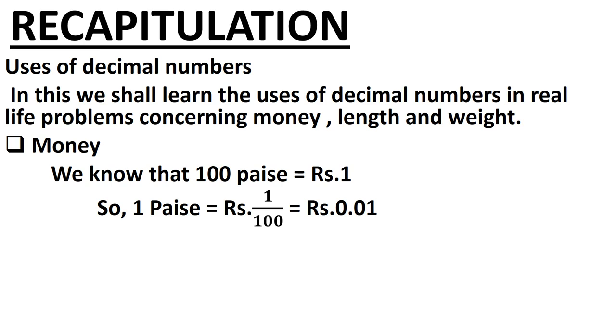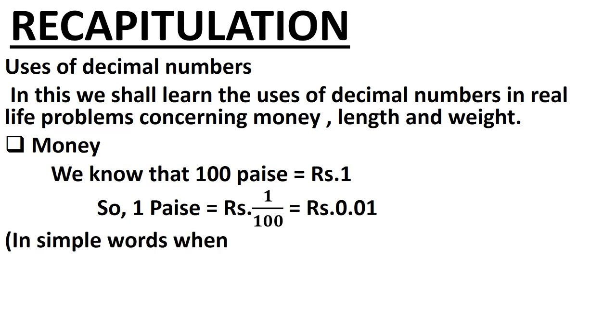As in the denominator 2 zeros are here, so in the numerator also we want 2 digits. Start counting from your right hand side, 1, 2, and before that you will place one decimal. So it is 0.01.